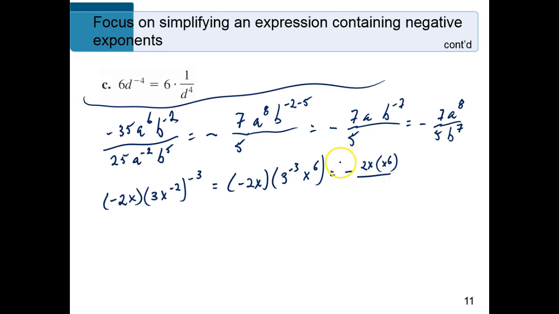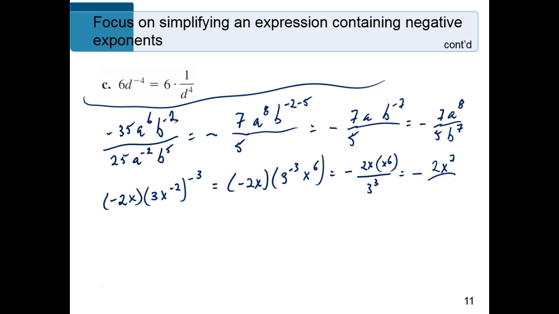Over 3 to the 3rd. You're right. You move it downstairs, lose the minus sign on the exponent. Just a little bit of cleanup we can do here. What would that be? Minus out front. What's your coefficient? 2x to the 7th over, oh, there's Gary.